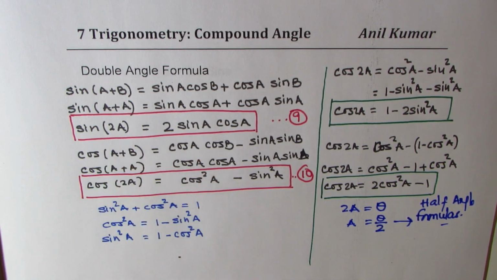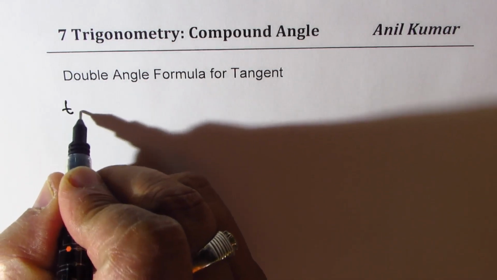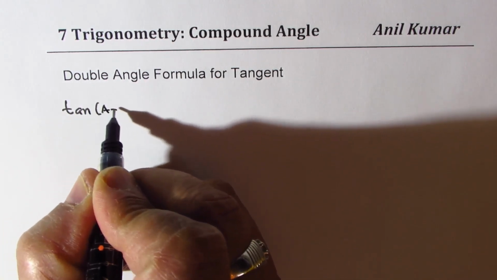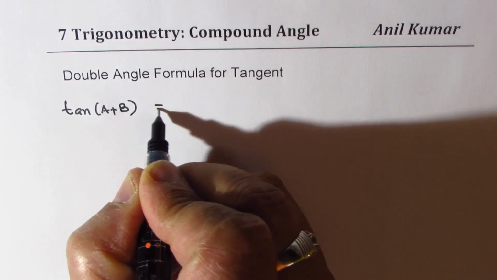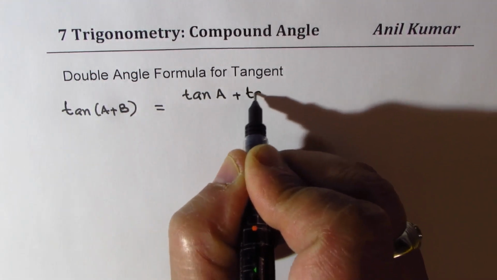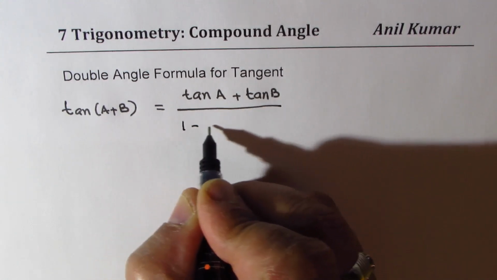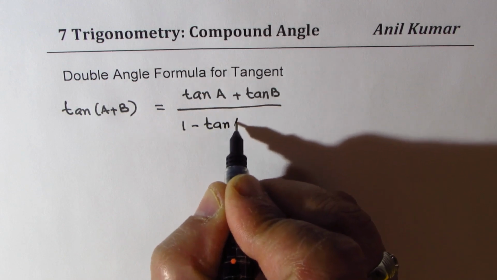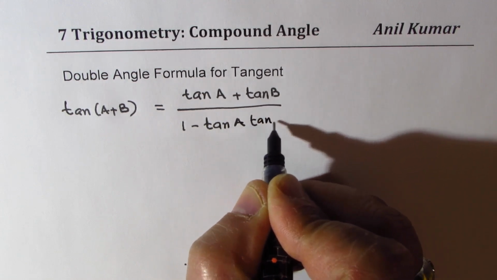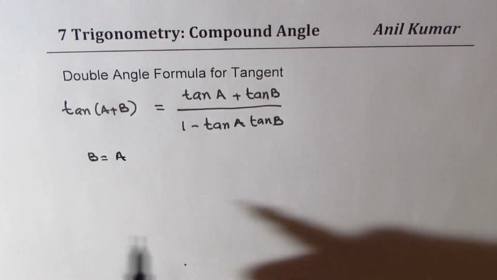Also, I'll write down what the tan double angle formula is. Let us derive the double angle formula for the tan ratio. We know that tan of A plus B is equal to tan A plus tan B divided by 1 minus tan A tan B. Now if I write B equals A, then what happens?